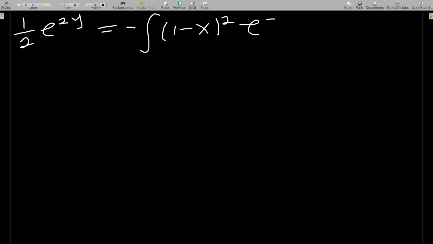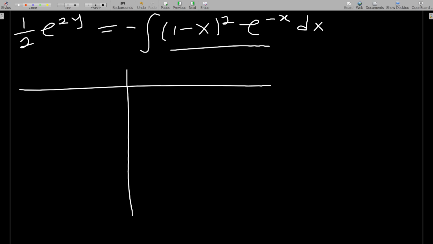With the table form, you pick the two functions. You pick the one that when you differentiate, you will get to 0, which is (1 minus x) all squared, and the other one, which won't give 0, you keep and integrate.